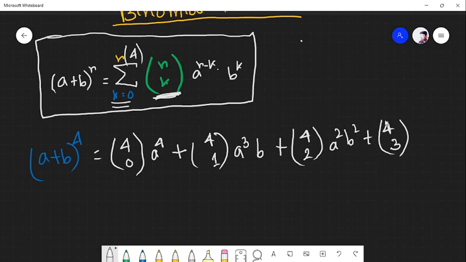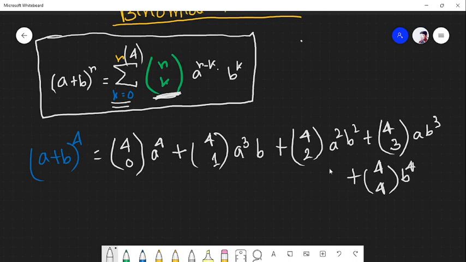Here 4 minus 3 is 1, so a, and b cubed, and plus 4 choose 4, and k is 4, so n minus k is 4 minus 4, so a to the power 0 equals 1. I'm not going to write it down, just b to the power 4.